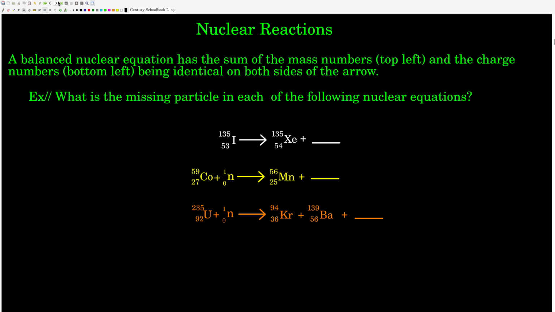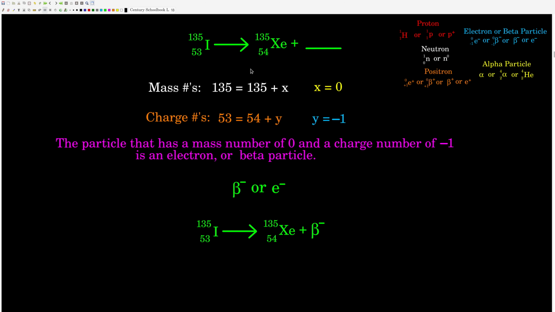Welcome back, guys. So for the first one, the decay of iodine-135, on the left the mass number is 135, and on the right 135 plus X. Well, X has to be equal to 0. Good, we know the mass number. Doing the same thing with the charge numbers, iodine has a charge number of 53.